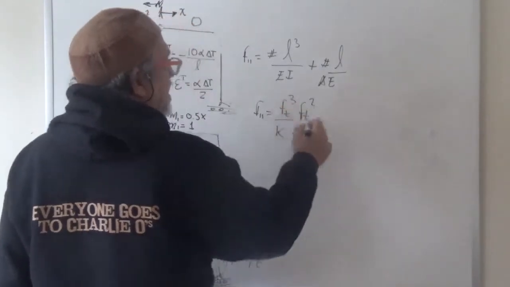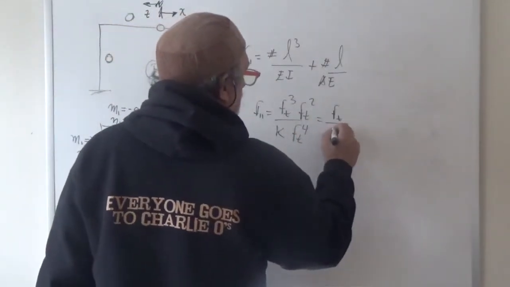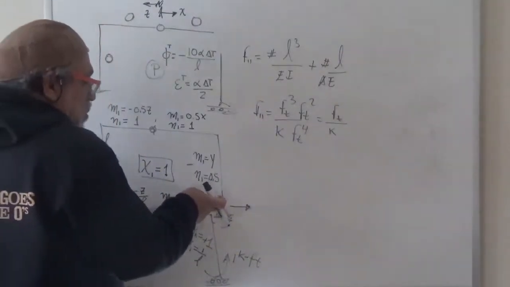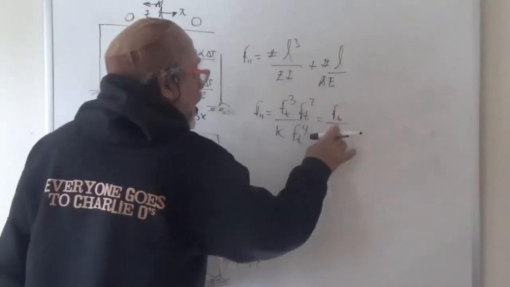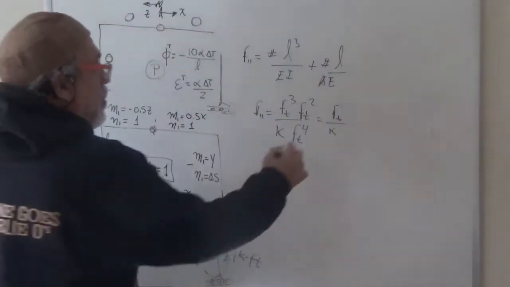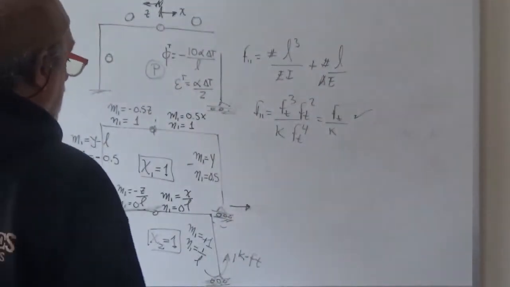And so we see that this is feet to the 5 divided by feet to the fourth is feet over kips, right? And what is F11? F11 is the deformation at 1 due to a unit load at 1. So it has to be feet per kip. And that's exactly correct, right? So it checks out. F11 is feet per kip.